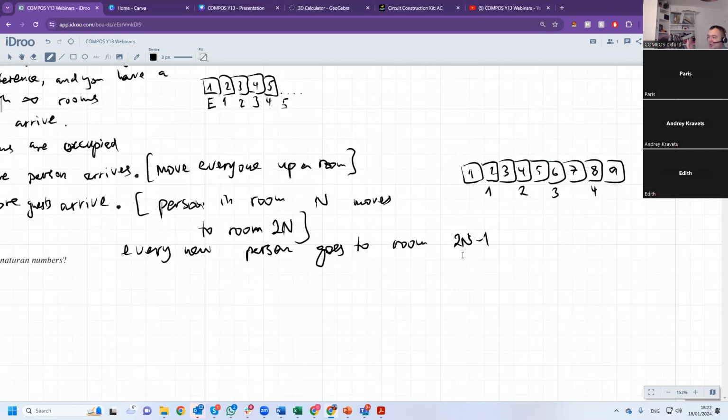The people that are arriving are numbered, so you give them the keys according to the number. The first person goes into room 1, the second person goes into room 3, then 5, etc. Do you understand?